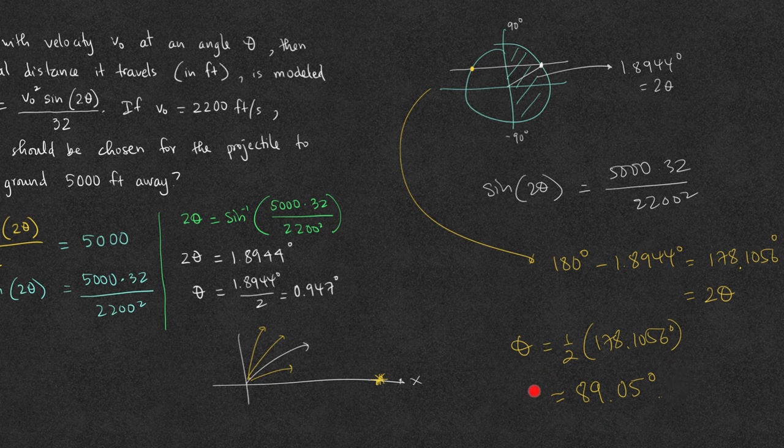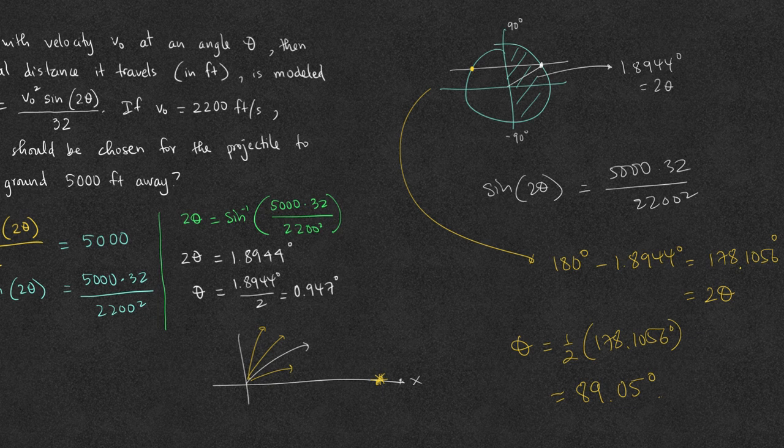We need to stop at 89.05 degrees, even though we know that there are infinitely many 2 theta that will give us the same result. We need to stop at this angle because if we were to keep going, then we would pass 90 degrees. But if we pass 90 degrees, we would need to fire the projectile to the left-hand side of the target.